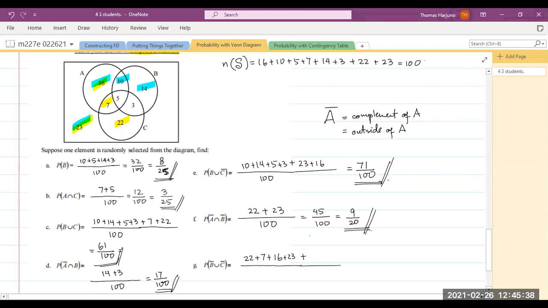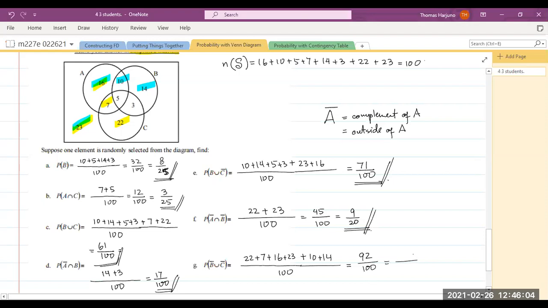The number of people outside of C, 23, I already counted. 16, I already counted. 10, 14. Over 100. That's 92 over 100.